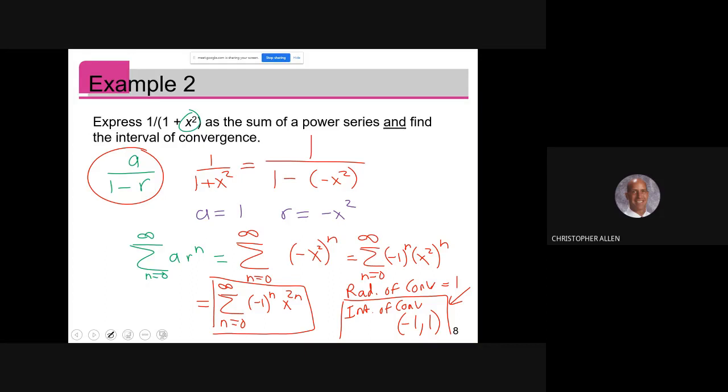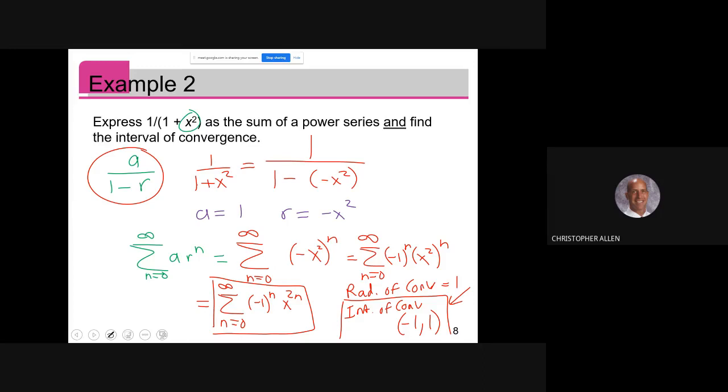The other comment that I want to make right now is this. What is the difference between this and what we did in the previous section, when we talked about Taylor polynomials and Maclaurin polynomials? What is the difference between what I just wrote right here and what we did back then? Yes, these are infinite.